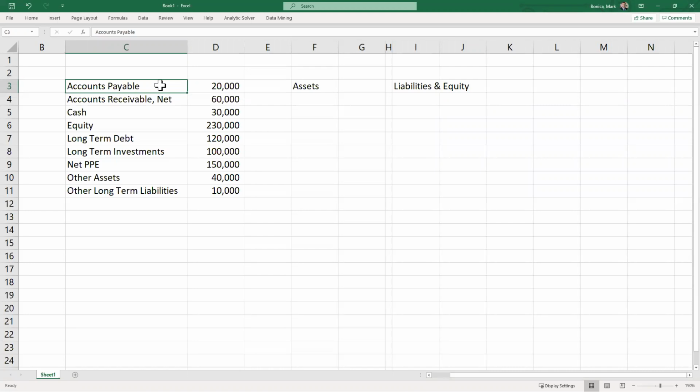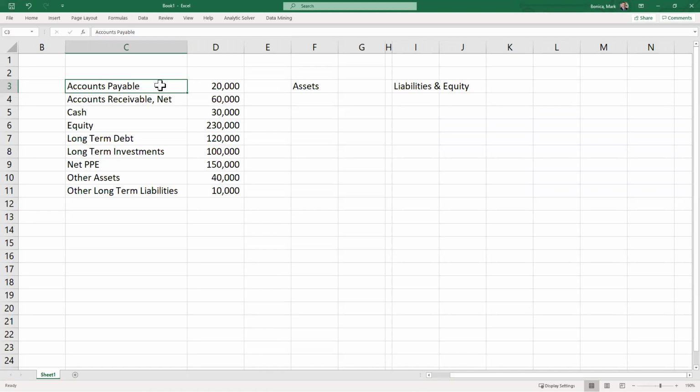These are short-term, like an IOU: hey, I'm going to pay you next week. Can I borrow $5 today so I can buy a half-caf decaf latte at Dunkin', and I'll pay you back next week when I get my pay? That would be an account payable that you would owe your friend $5.